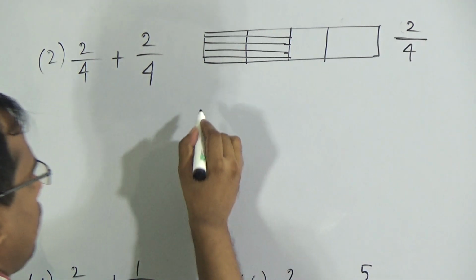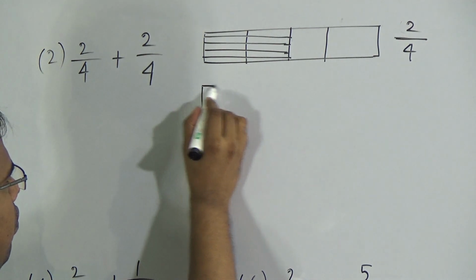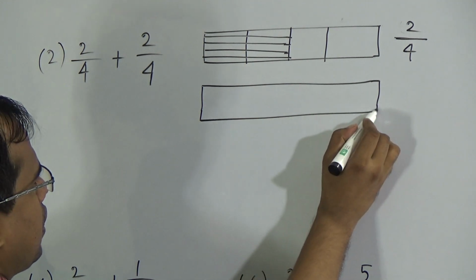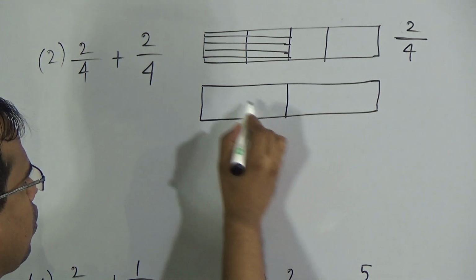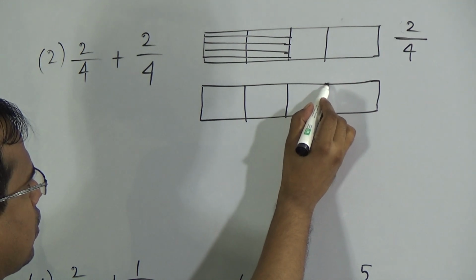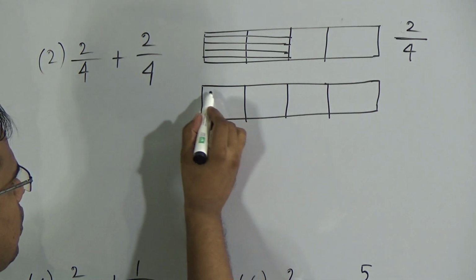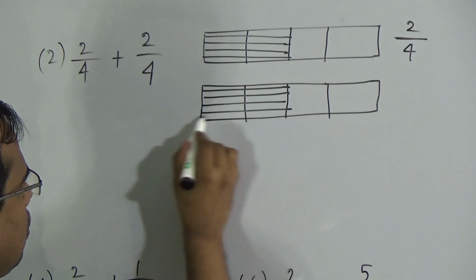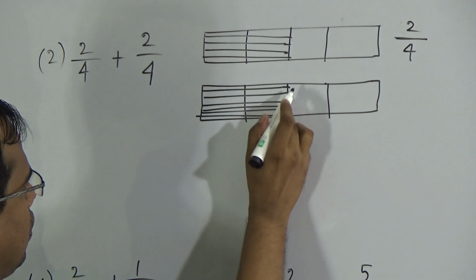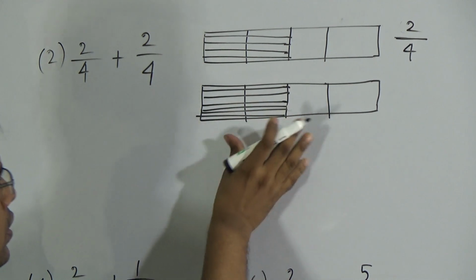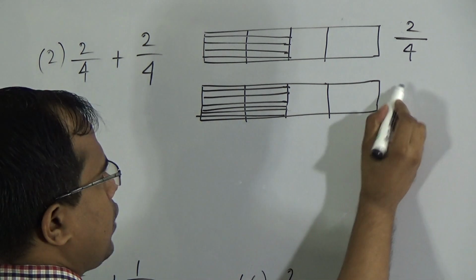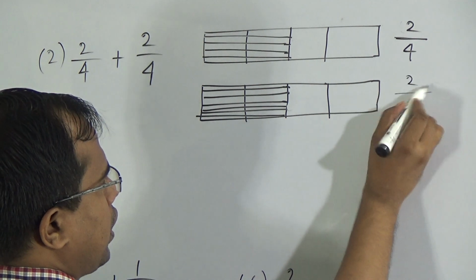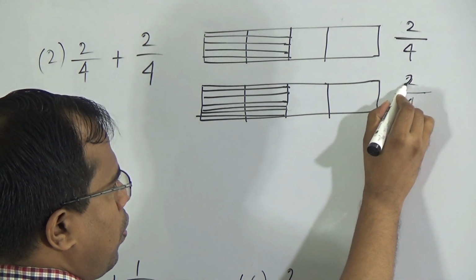2 by 4. Again we will take another bread which length will be equal to this bread, and we have also divided this bread into 4 equal parts, and from these 4 parts we have taken these 2 parts. If we express this figure by fraction, then it will be total parts 4 and we have taken 2 parts, that means 2 by 4.